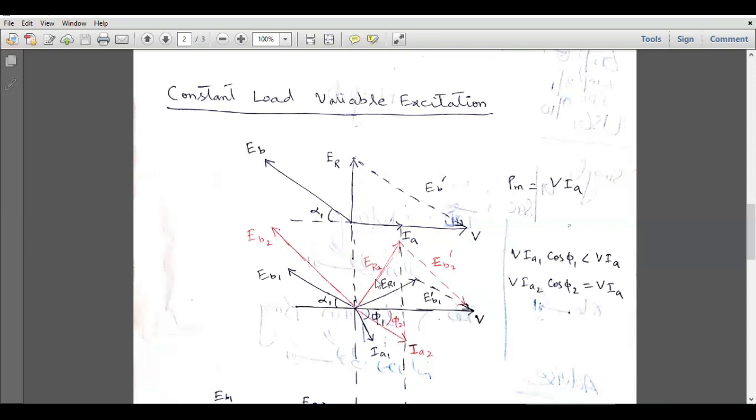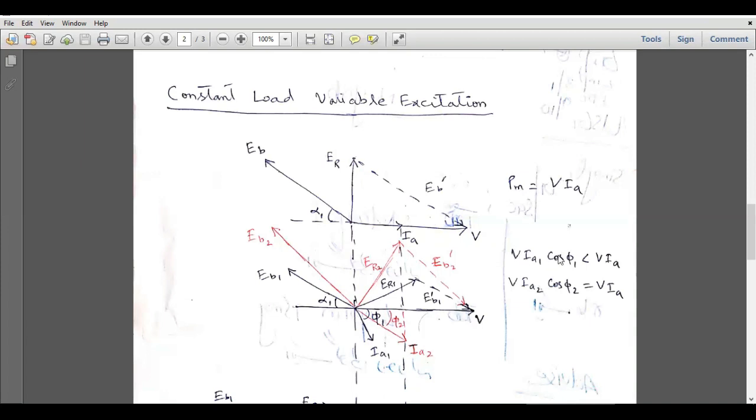Since the load is constant, the motor has to reorient all of its vectors, including the back EMF vector, the reactance voltage vector, and the armature current vector, so that the horizontal component of this armature current times the applied voltage is equal to the voltage times IA vector in this case. And now this is the new direction of all these synchronous motor quantities.